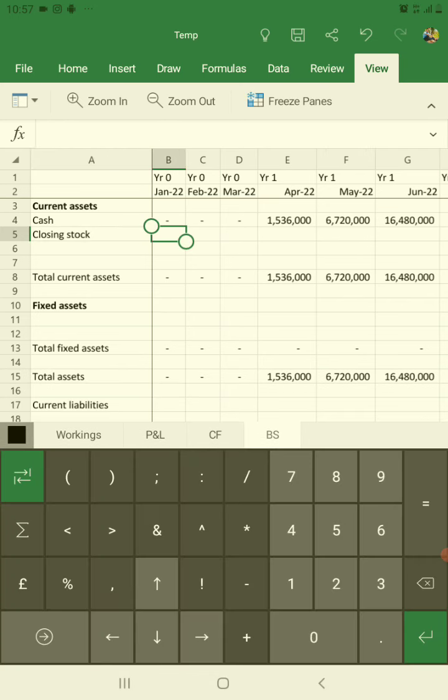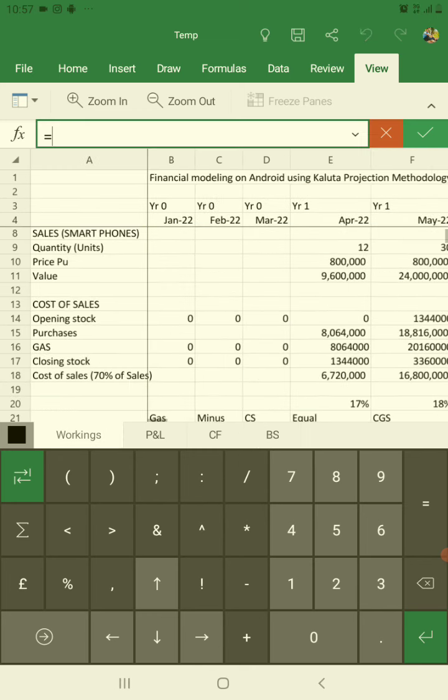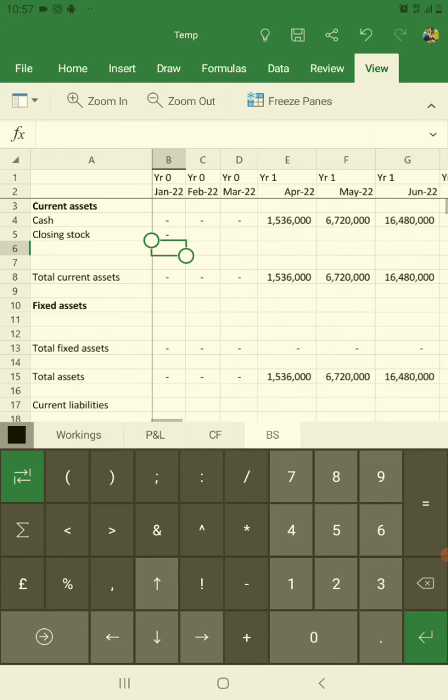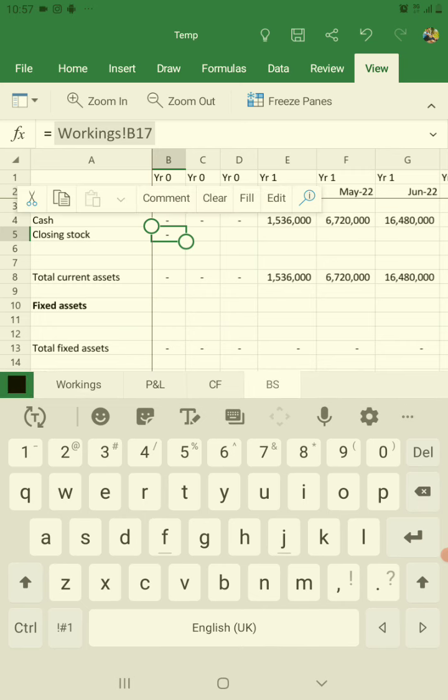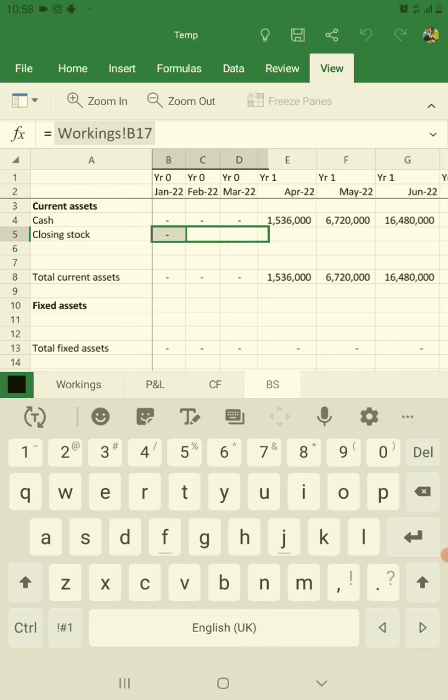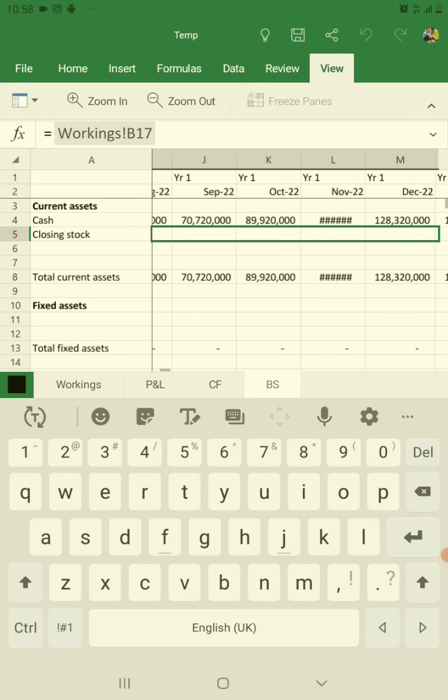And I put an equal sign and go to my workings and pick the closing stock figure for January, which is here, enter, and then fill this to the rest of the projection period.